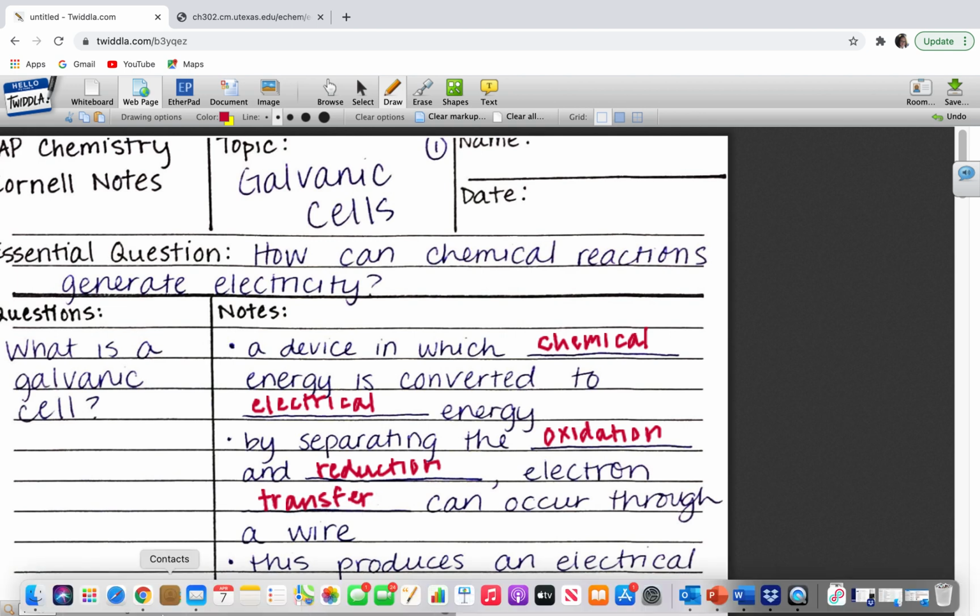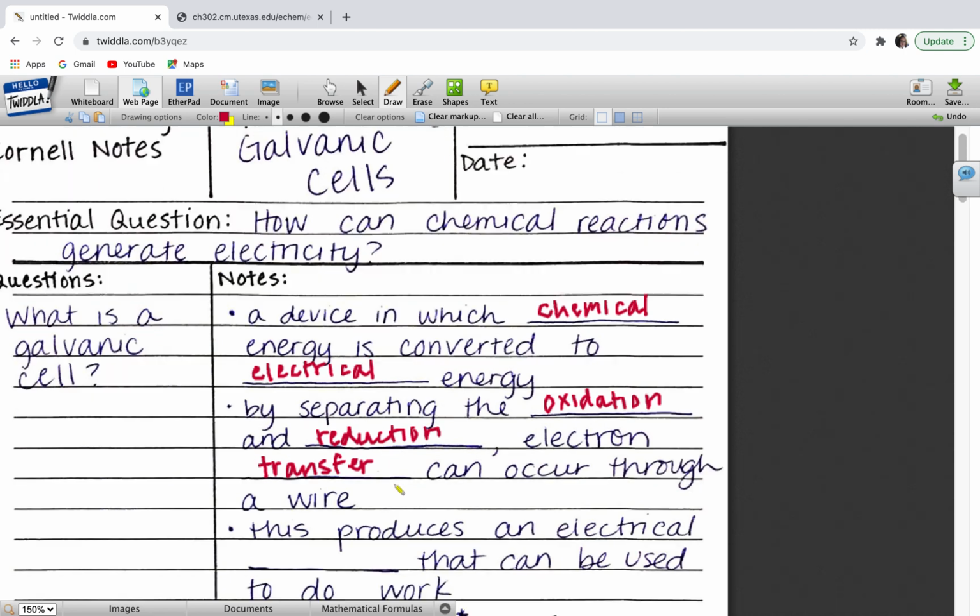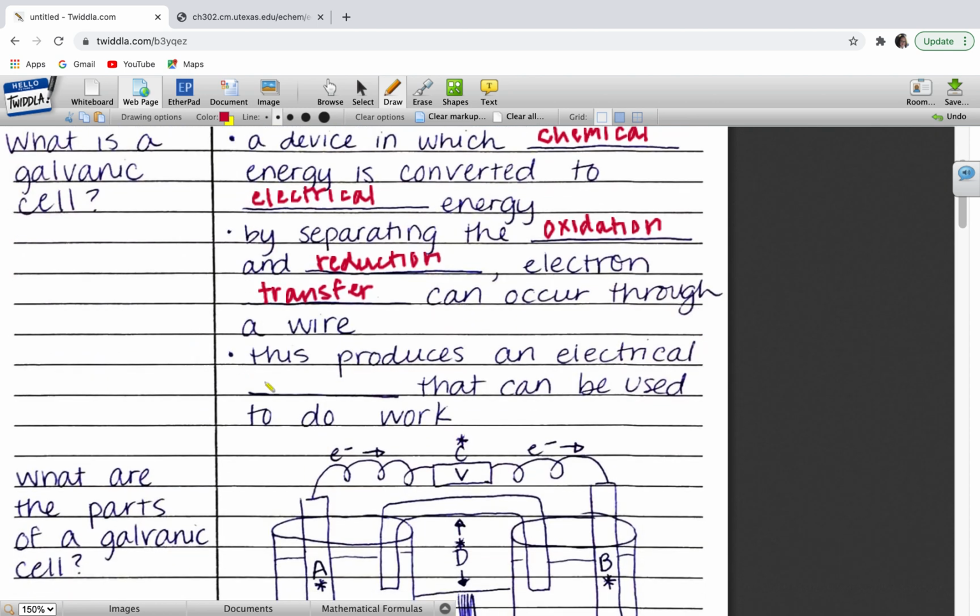So as the electrons are transferred from the species that's going through oxidation to the species that's undergoing reduction, that electron moving from one to the other is going to go through a wire. And what that does is produce an electrical current that can be used to do work.